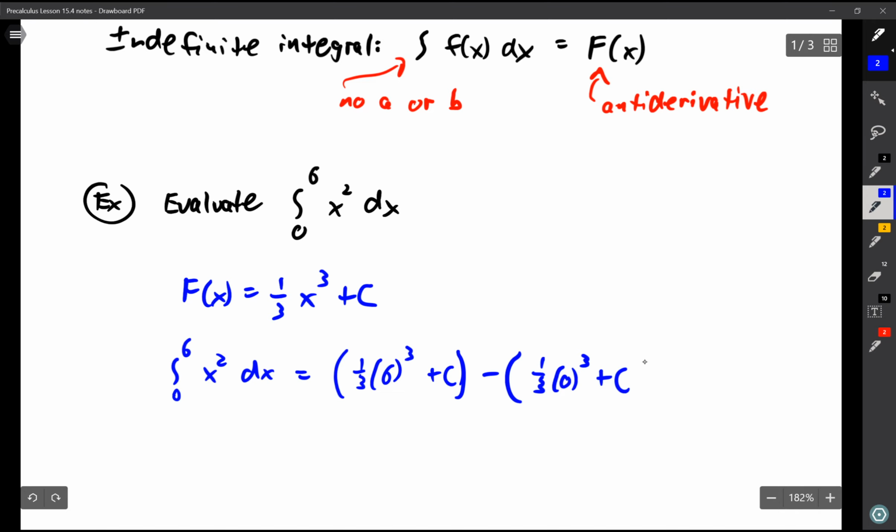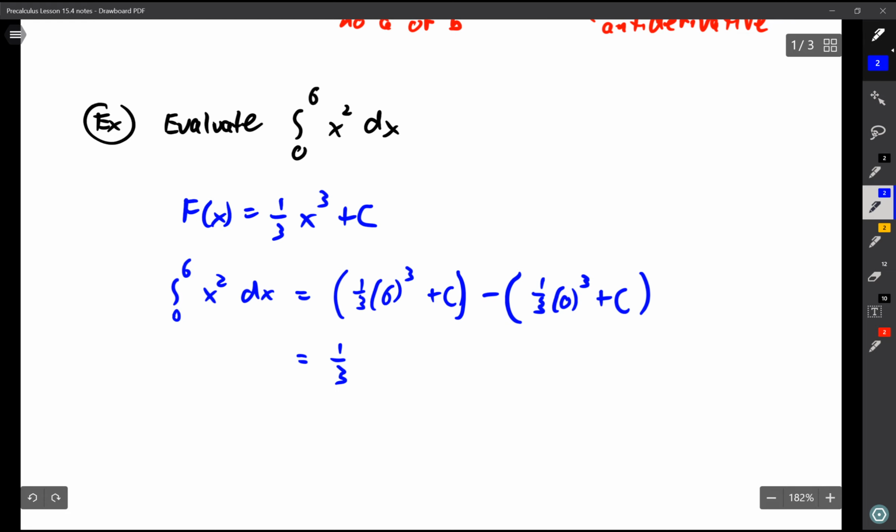Okay, let's see what that is. 1/3 6 cubed is 216, 1/3 times 216. And we have this plus c and then this minus c, so all the c's end up going away. And then we also have a minus 1/3 of 0, so 0. And so what do we get here? Was that 72? Yep, 72. Boom, that's your answer.